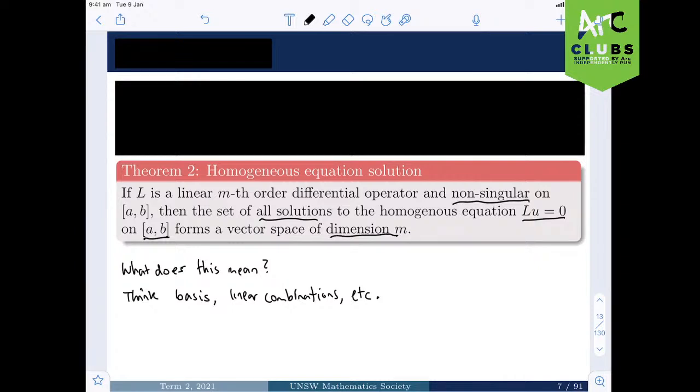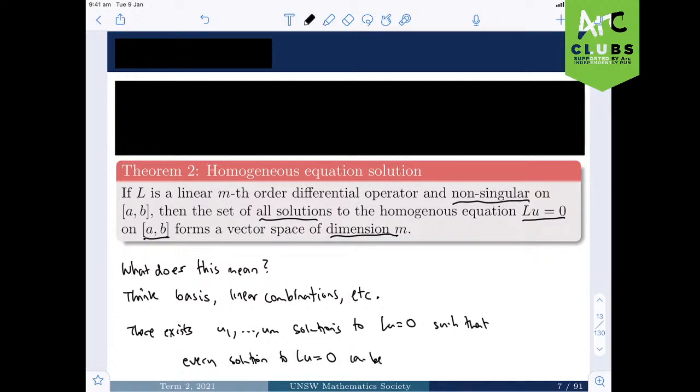So say that there exist u1 all the way up to um, which are solutions to Lu equals 0, such that every solution to Lu equals 0 can be written as a linear combination of u1, u2, u3, all the way up to um.